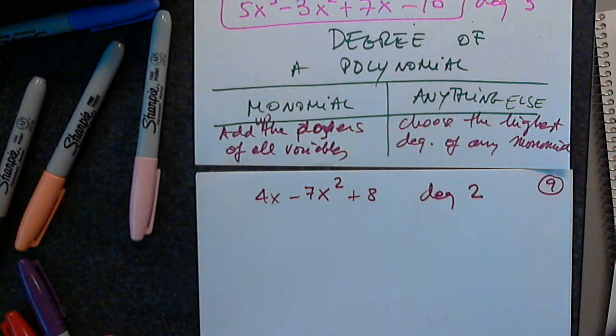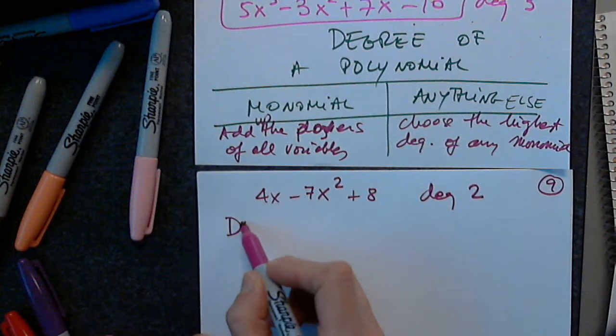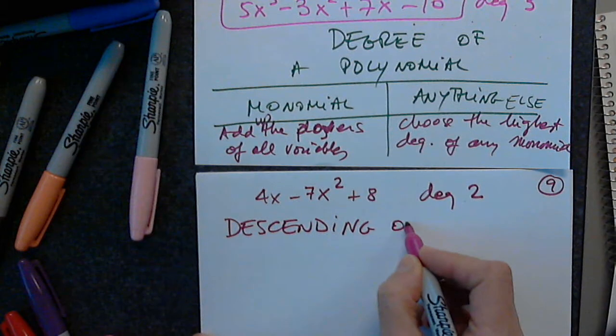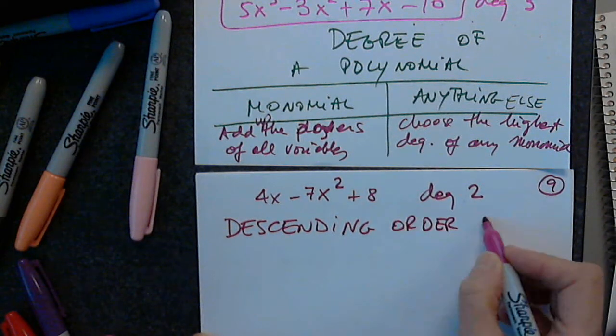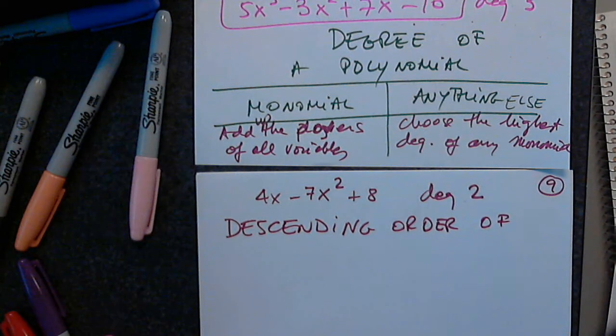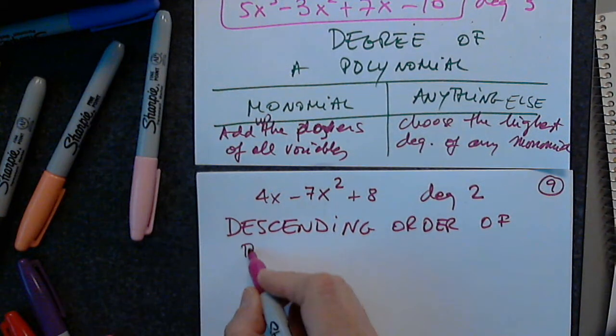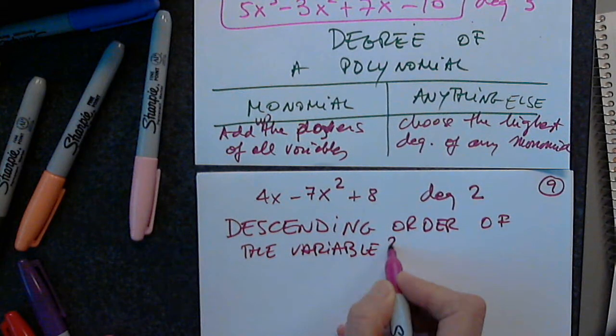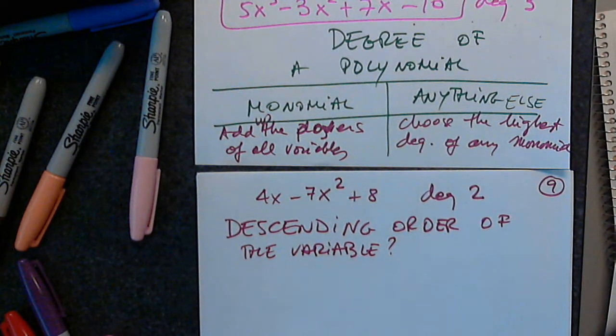Awesome. Is this trinomial in descending order? In other words, from the highest to the lowest, descending order of the variable? No, it's not. Let's rearrange it.